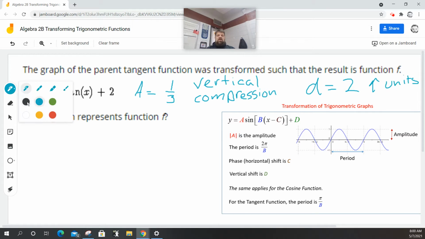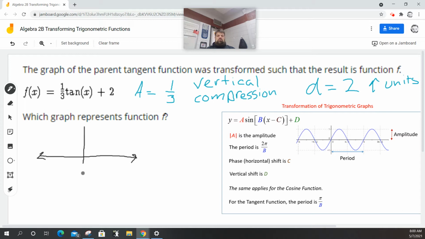So if I think of tangent, well, that's not a very good graph.